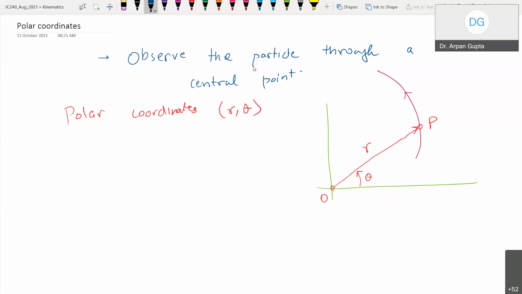Now next thing is to associate two unit vectors. One is a radial direction, so I have this unit vector er cap, which is along the radial direction, and the second is the angular direction, also called the transverse direction, which is e theta cap.